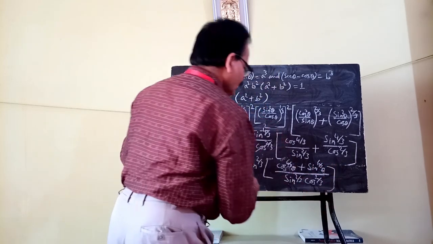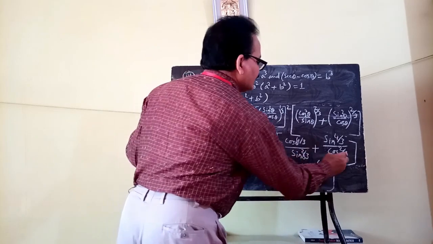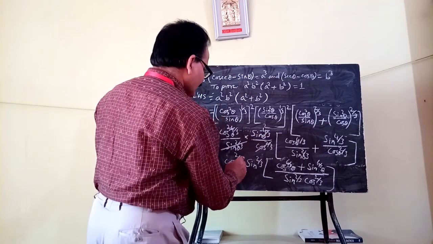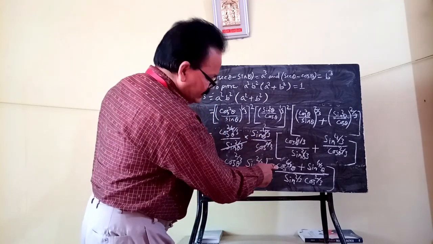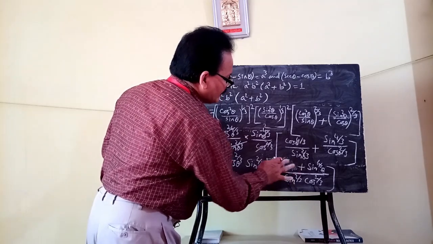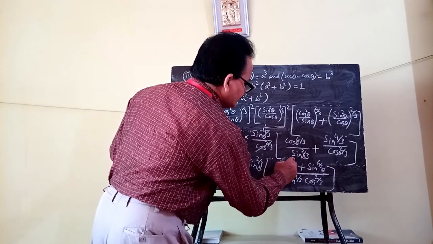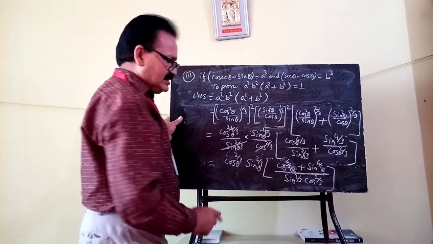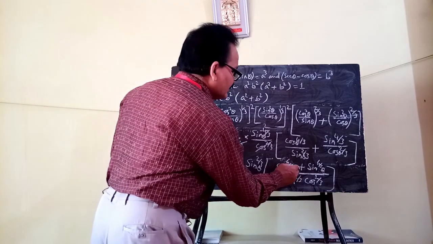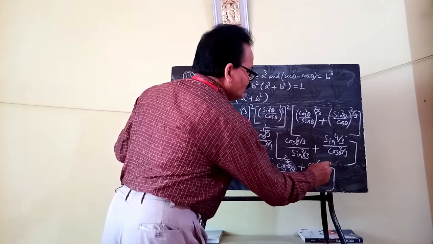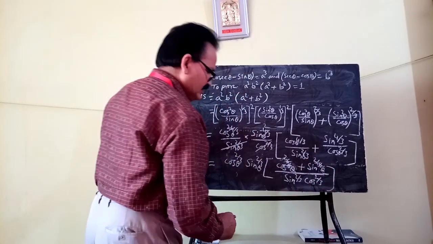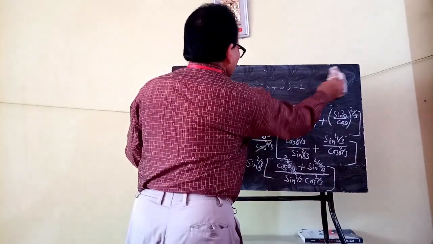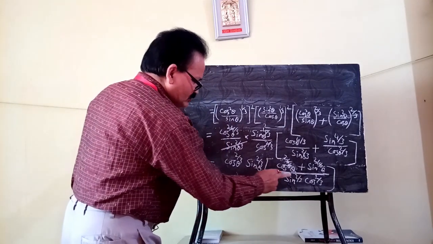Okay, so here all have theta because our angle is theta. So 3 and 6 cancel, that is 2. Clear?